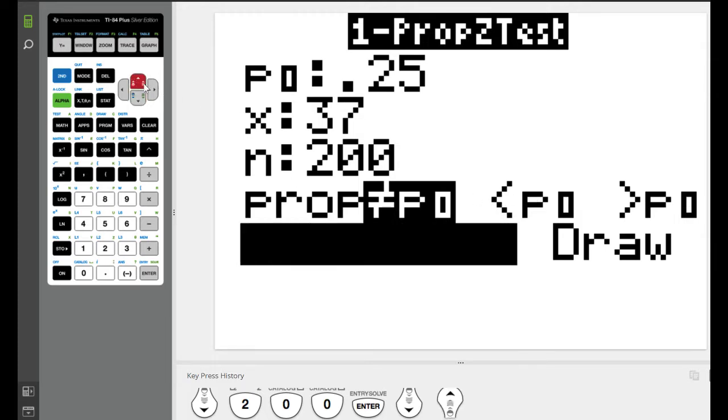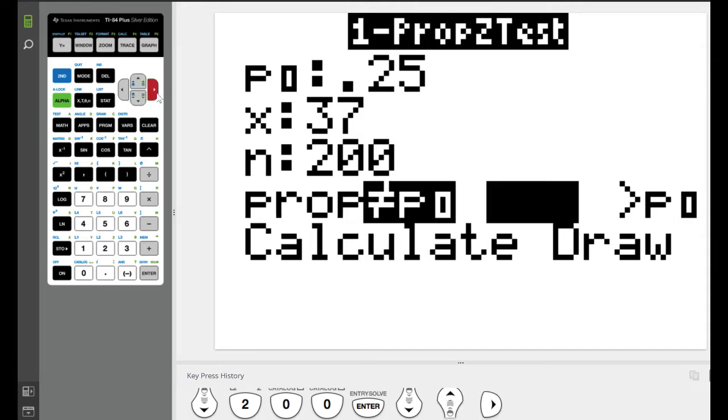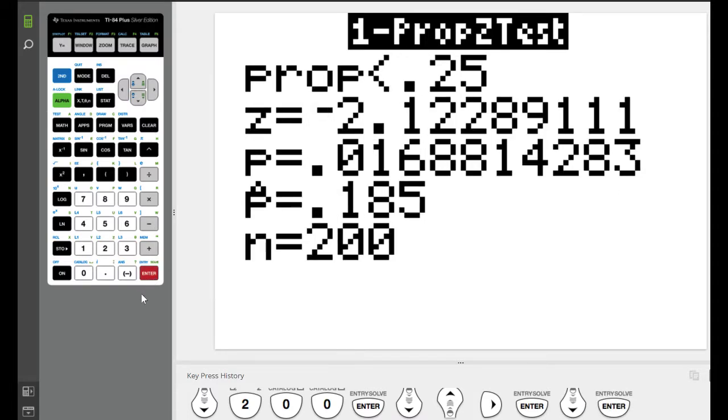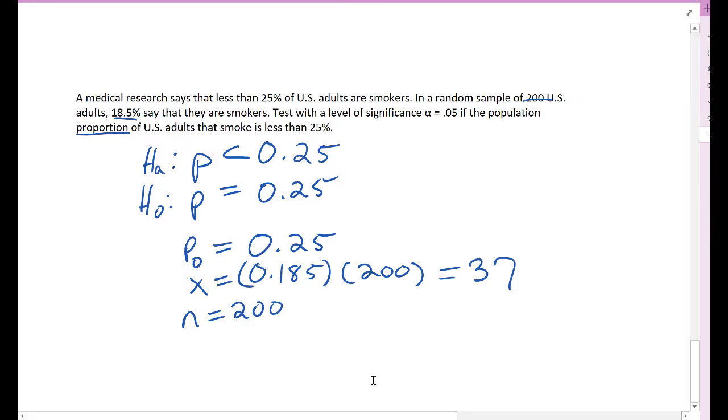So we got to make sure we select the middle option here. Okay. We calculate, and let's look at that p-value to 3 decimal places. Should be a 0.017. So our p-value is a 0.017.